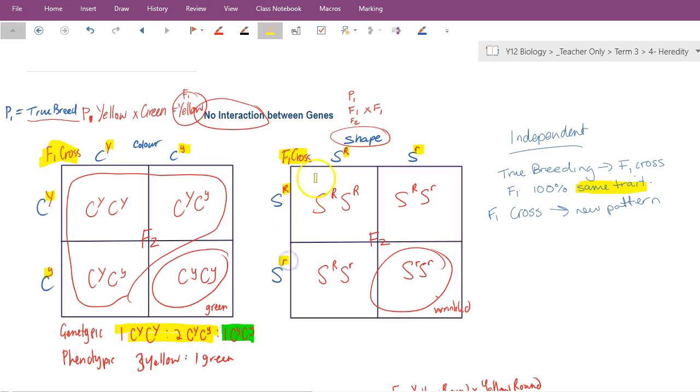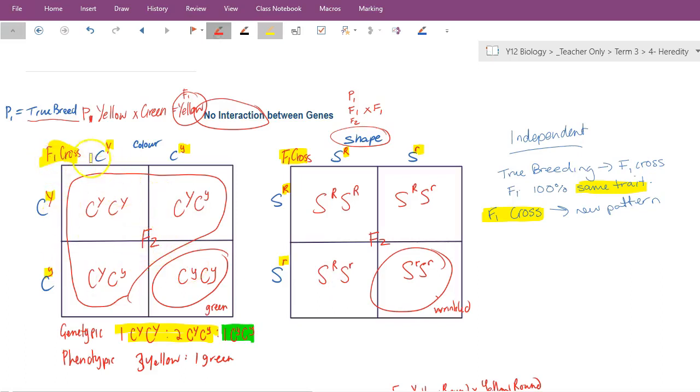And of course, in the F1 generation, if all of them had those heterozygous genotypes, that meant that they were all, in this case, yellow and round. But that didn't mean they didn't have the recipe for wrinkled or green, but they were hidden. And you didn't see that until you crossed that F1 generation with itself and ended up seeing what the F2 generation had for us. And that's what these crosses are.